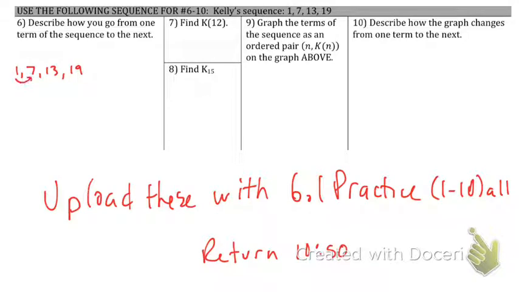So here, we're adding 6. If it works for the next one, we found our pattern. So 7 plus 6 gives me 13. 13 plus 6 is 19.